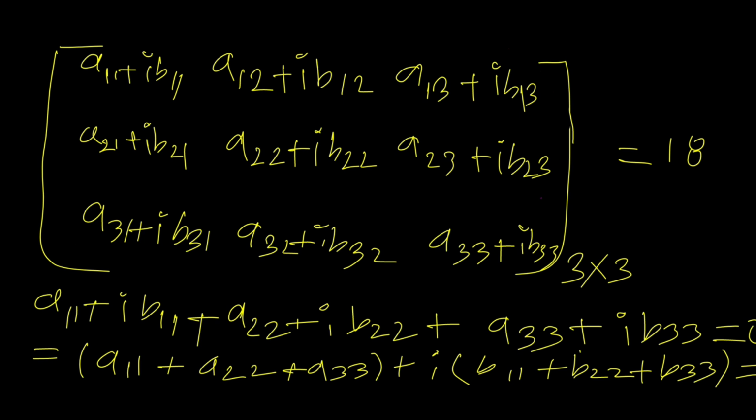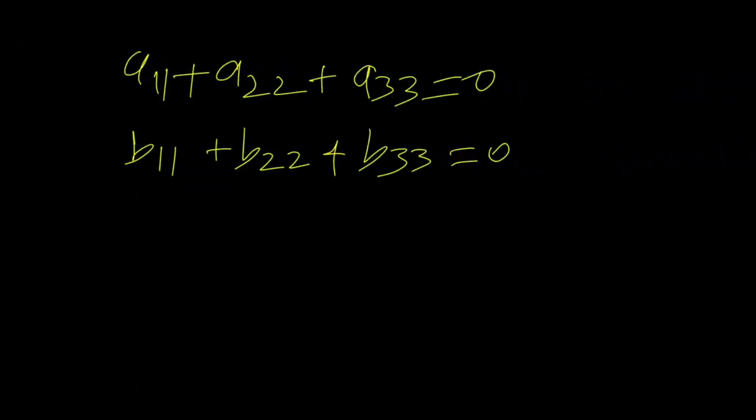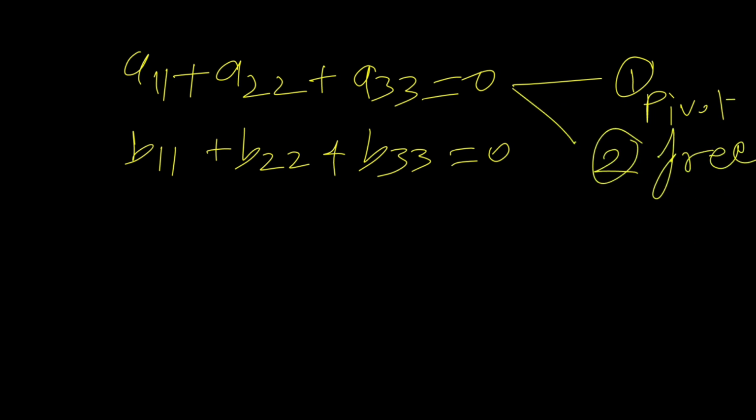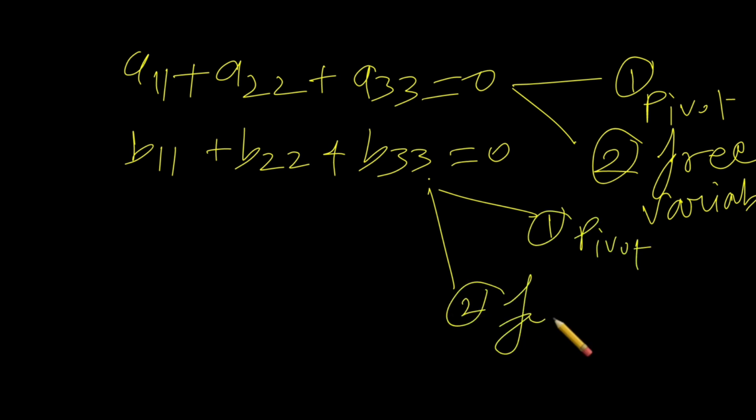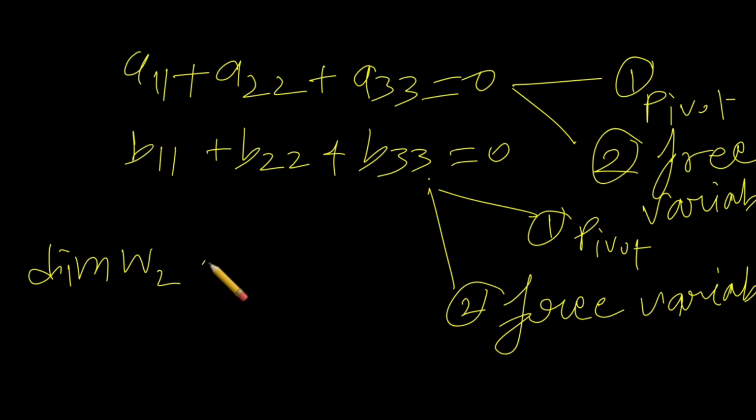When we take the condition trace A equal to 0, these two conditions each have one pivot and two free variables. So the dimension of W2 is 18 minus the pivots of the two given conditions, which is 1 and 1, so minus 2, it's 16.